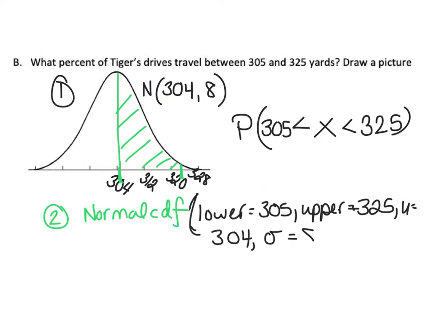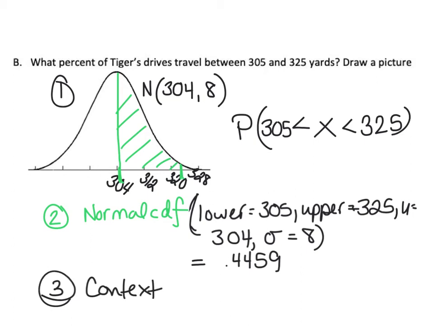Sigma is 8. And this equals 0.4459. And my third step would be a sentence in context. So this would be about 44% of Tiger's drives, or I should probably say about 45% of Tiger's drives travel between 305 and 325 yards.